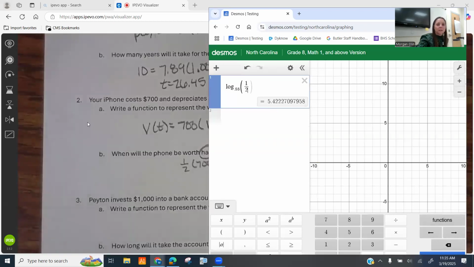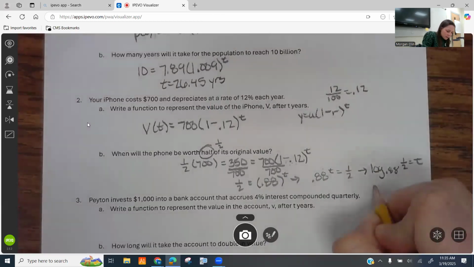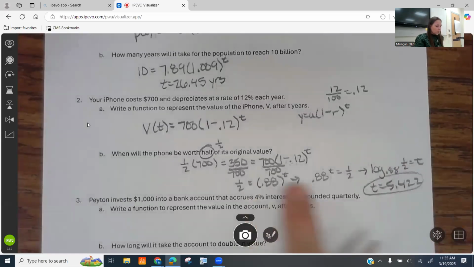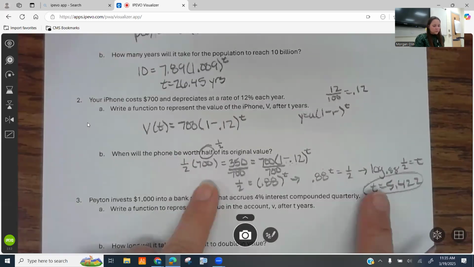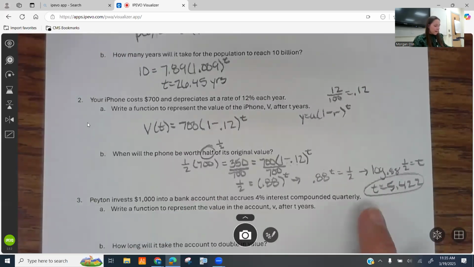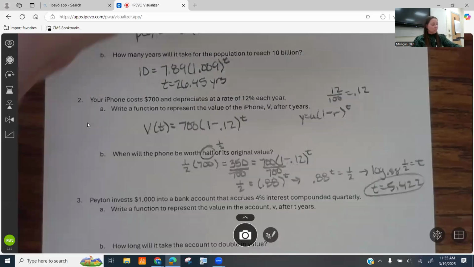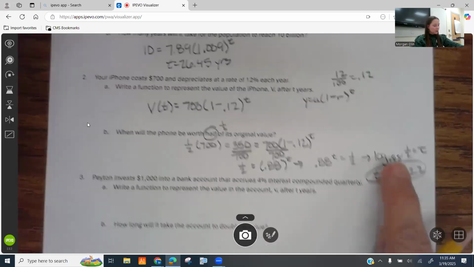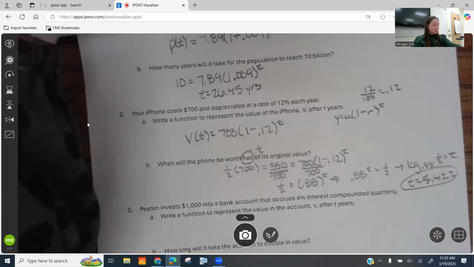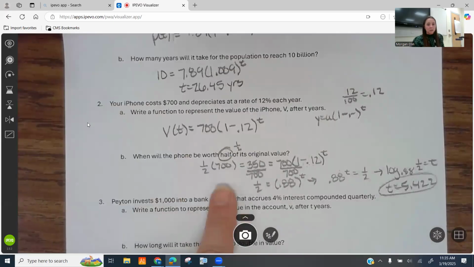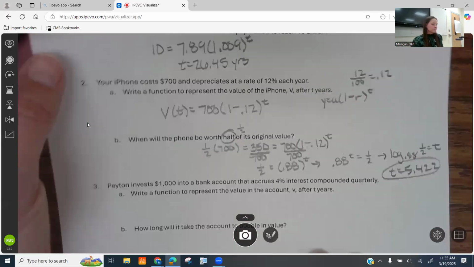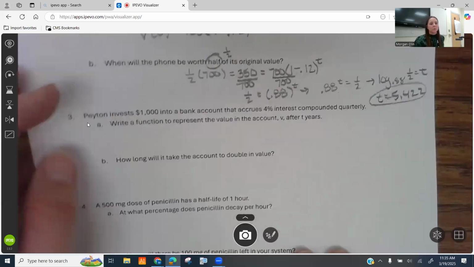All right, so t equals 5.422. So it's going to take that many years to get to that value. And I had multiple ways of solving it using my calculator. You can put it in terms of log and just plug it in to get the value, if you know how to do that. You can also just, once you write the equation, plug that in, and then you could just solve it using the calculator. So here we go.